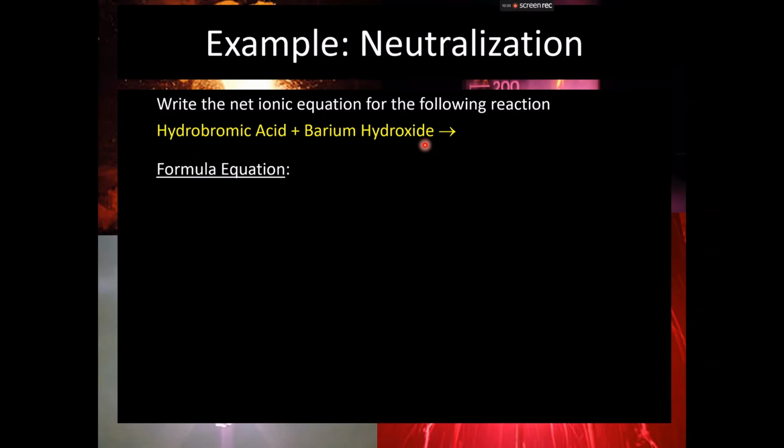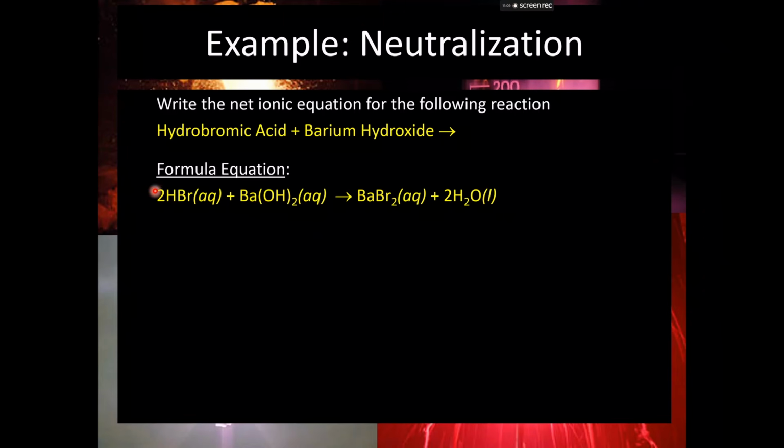When this happens, a neutralization reaction is always going to give us water as one of our products, as we talked about in section 4, and the ionic compound made from the cation of the base and the anion of the acid. So the bromine and the barium are going to give the barium bromide, BaBr2 aqueous, which is always going to be aqueous, and then water because this is a neutralization reaction. So hydrobromic acid, HBr, reacting with Ba(OH)2.